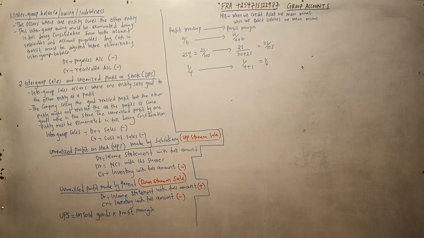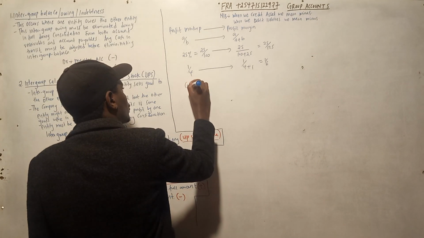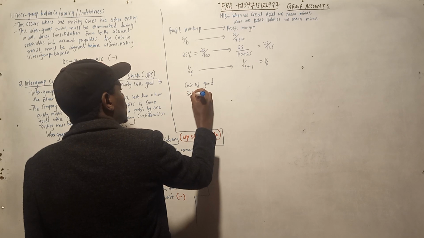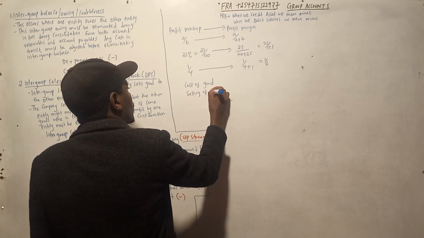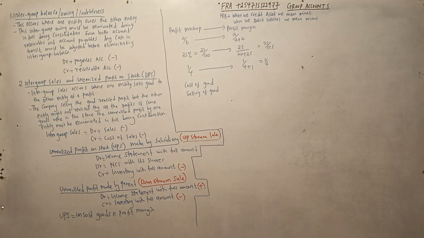Sometimes they can give you the cost of goods and the selling price of goods, and from that information you need to determine your markup and the UPS.